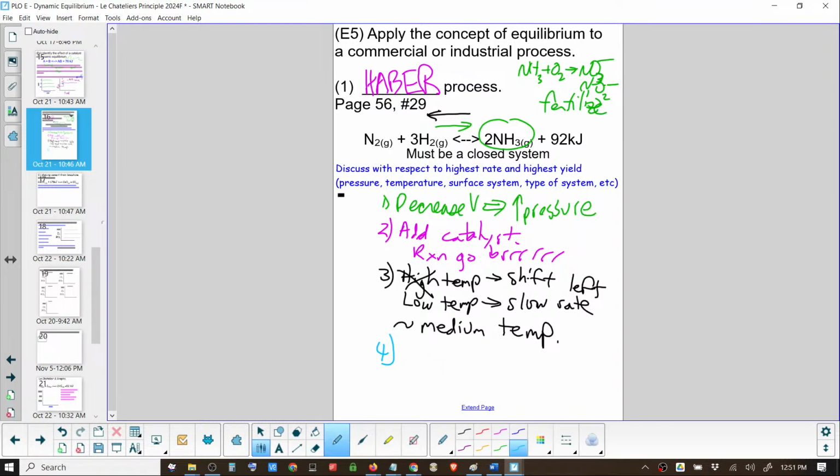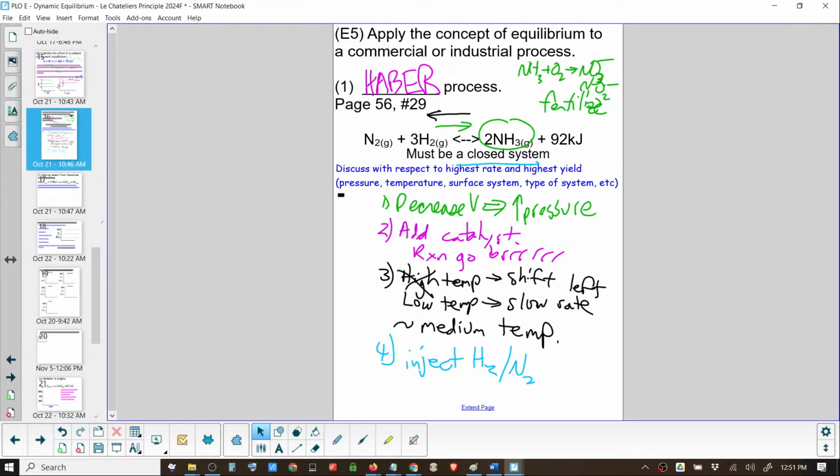Constantly inject H2 and N2. And I kind of cheated here because I said it must be a closed system. And it is. But you can get the ammonia condensing on the wall. So if you can find a way to make it an open system and have it drip out, so you're taking away product and adding reactants, then you can really start getting this reaction to go.